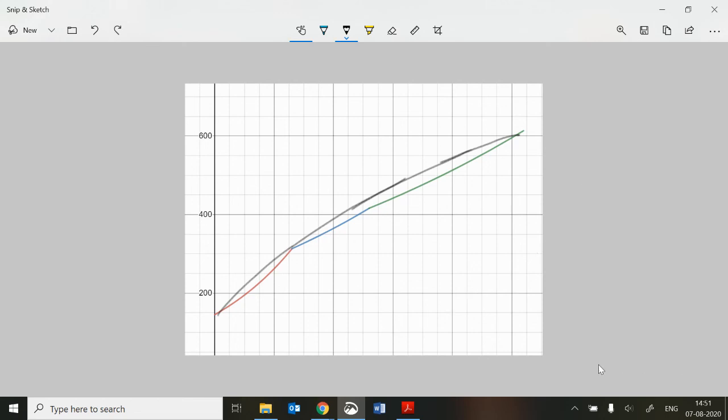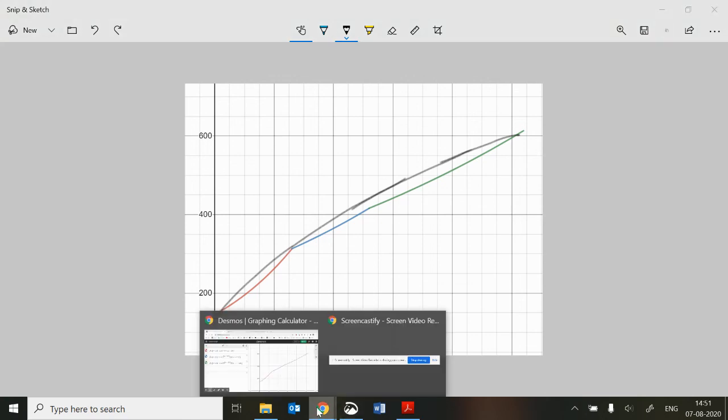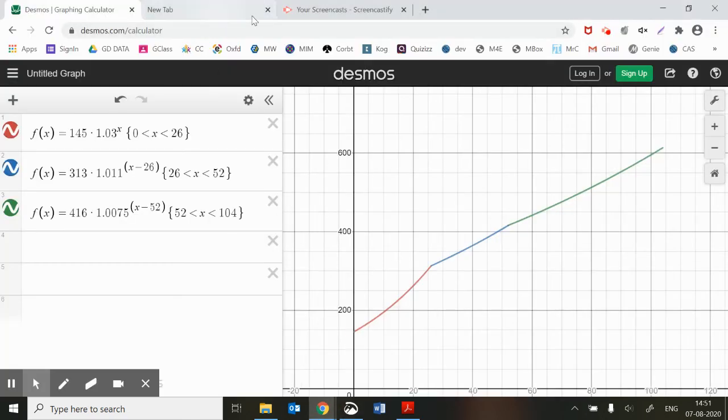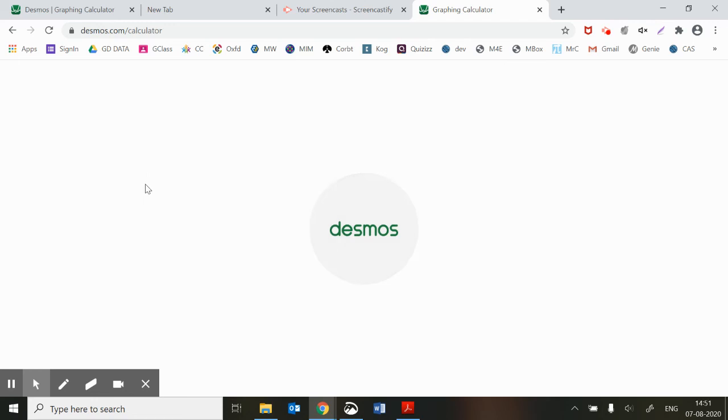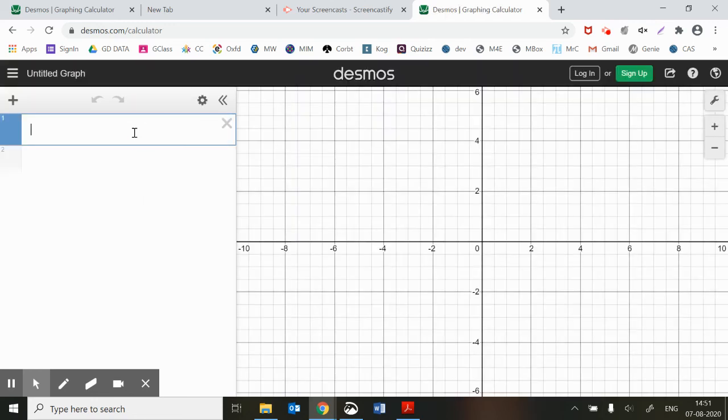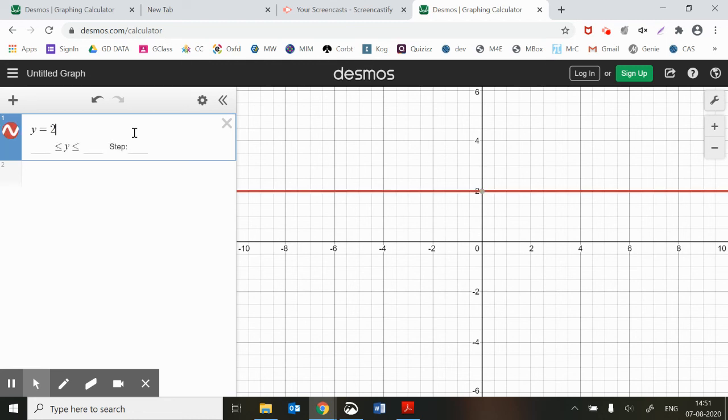So just to talk a little bit more about this, let's just put in another Desmos screen here. If I was going to make a curve like that, I might look to doing something like this. Let's use 2 to the power of x.